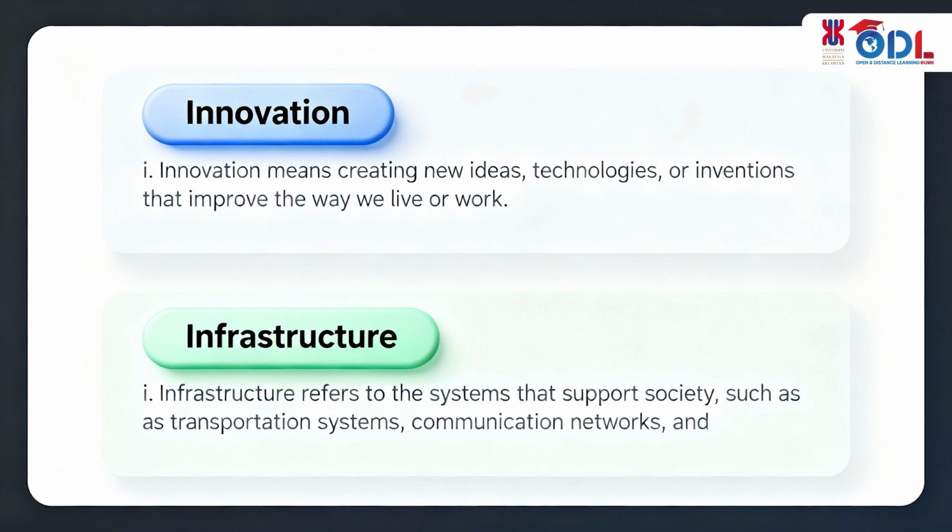The second word is infrastructure. Infrastructure refers to the systems that support society, such as transportation systems, communication networks, and technological systems. Innovation and infrastructure are closely connected because new technologies often become part of the systems that support modern society.